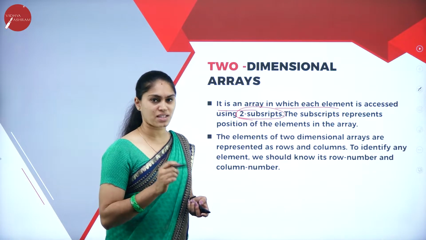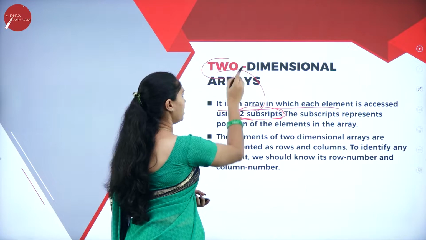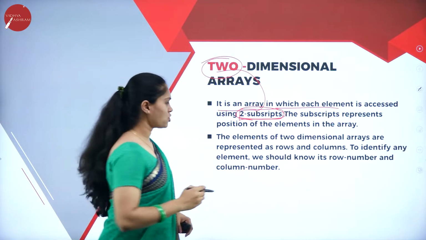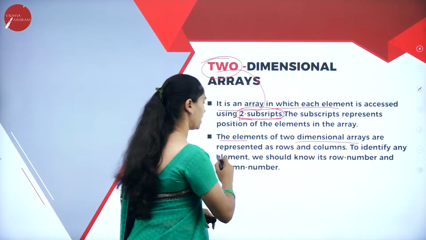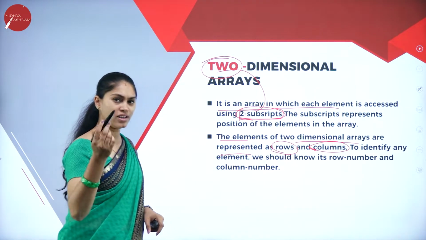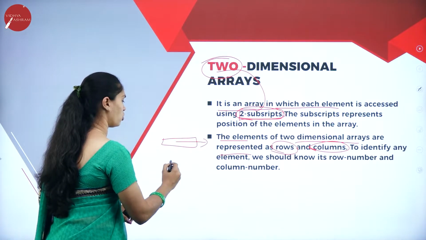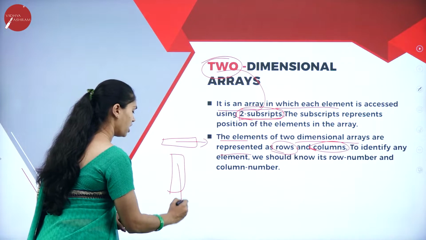Instead of 1 subscript, we have 2 subscripts in the 2-dimensional array. And the elements of a 2-dimensional array are represented as rows and columns. Very important. If you consider the 1-dimensional array, it can be in terms of rows or in terms of columns.